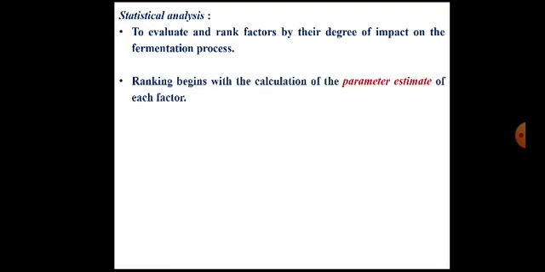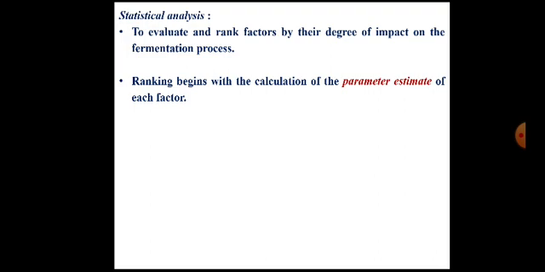So this ranking begins with the calculation of the parameter estimate of each factor. This is one criterion for statistical analysis, one way by which we can identify the influential factors present in the system.